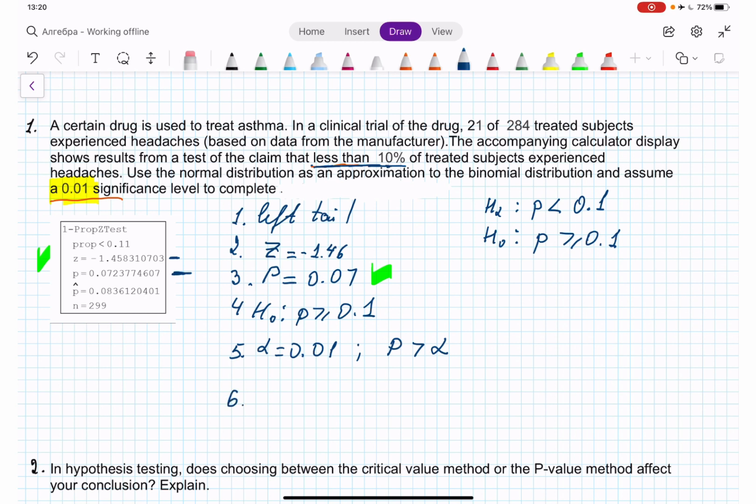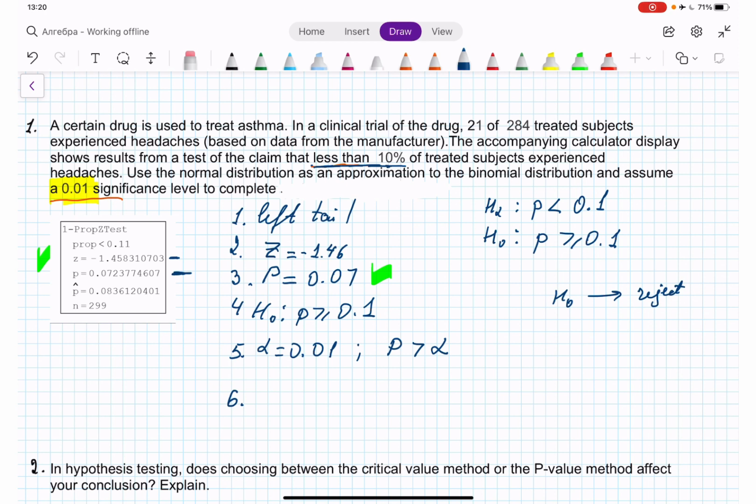And final conclusion, as number 6, is going to be, since our claim is alternative, then we are going to use the verbiage support. Let me write down here. When we have null hypothesis, then the verbiage we are using is reject.